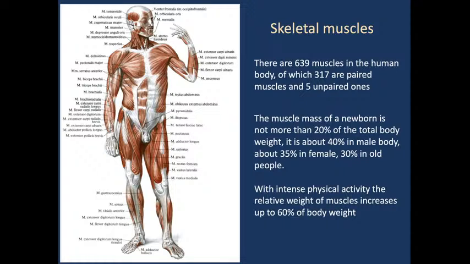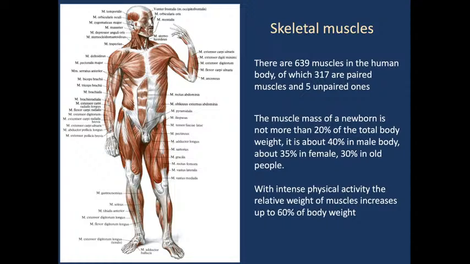It depends on the development of muscles, but usually only five muscles are unpaired. Others are paired muscles, and you see that the mass of skeletal muscle tissue is about 35-40% of total body weight.